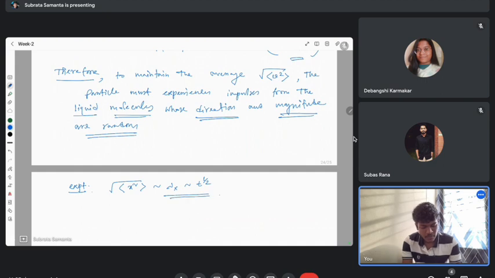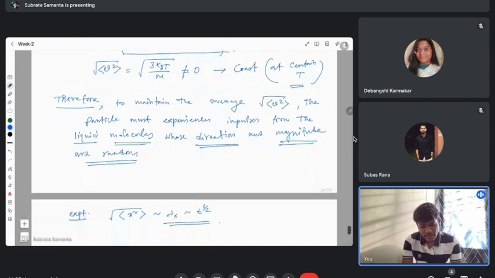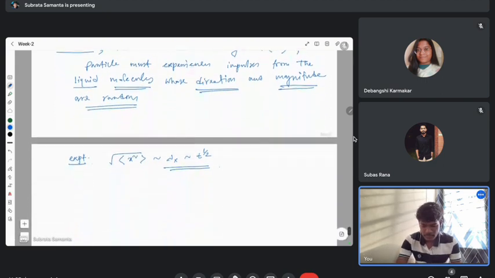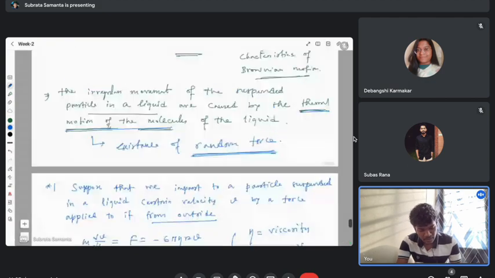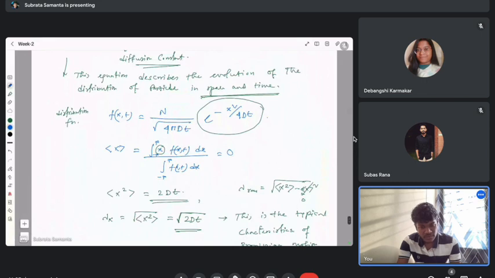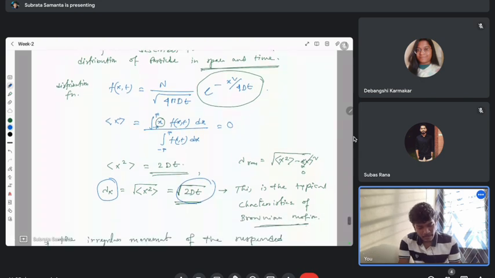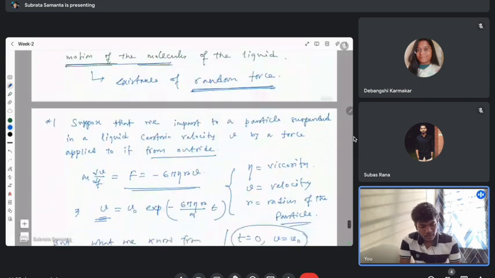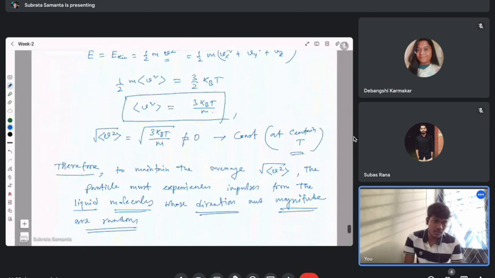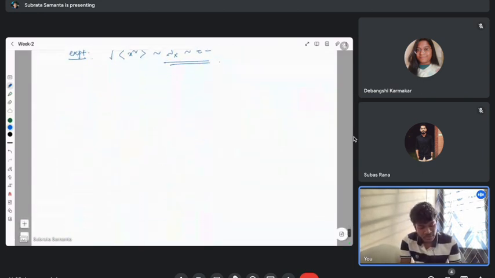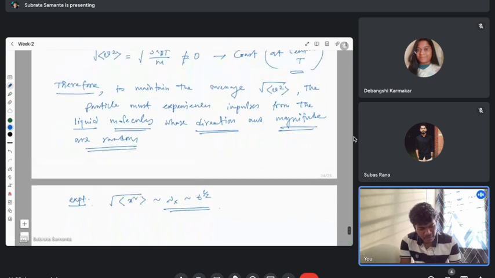We will derive this. We also see this from the distribution functions, that lambda x is proportional to the square root of t. But we are going to the physical interpretation: what kind of random force actually gives that?